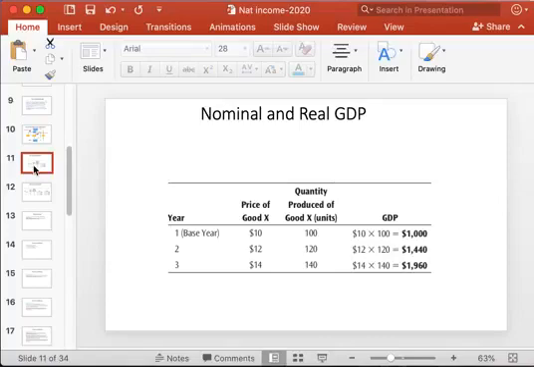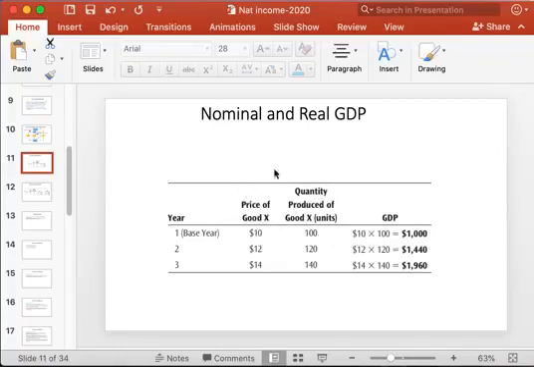Now to move on, let us talk about nominal and real GDP. Nominal GDP and real GDP. So nominal GDP is the GDP calculated based on the prevailing price of goods and services in a given time period.